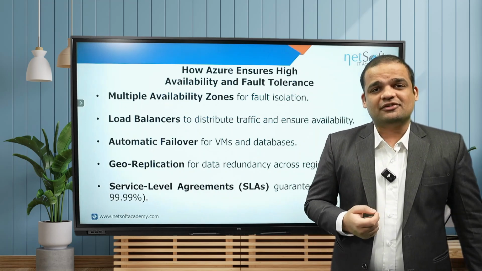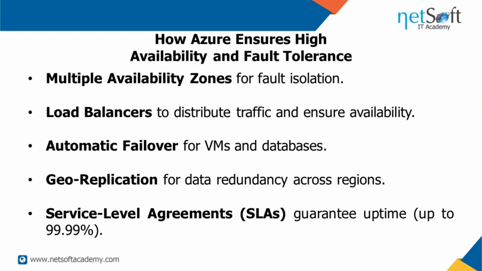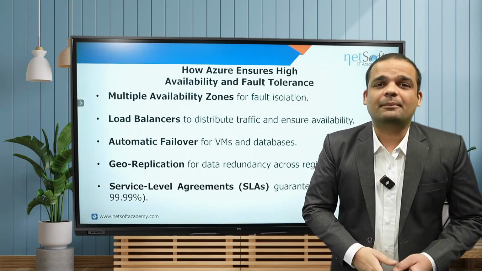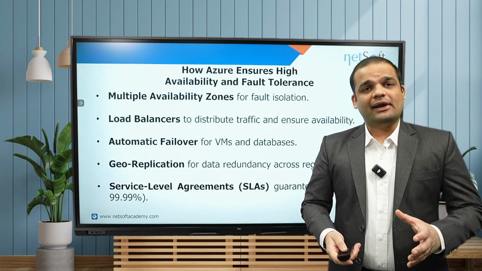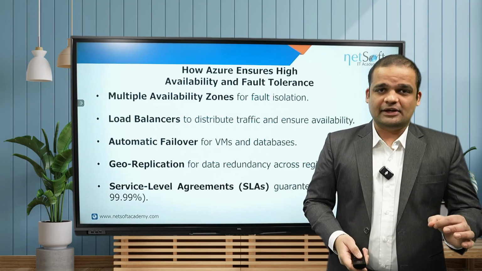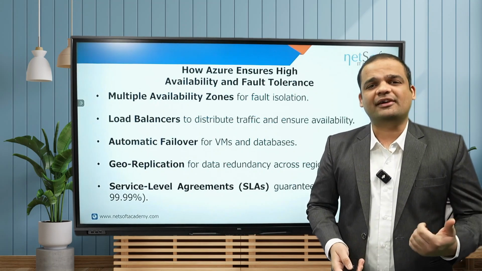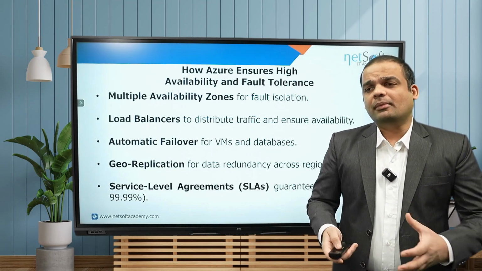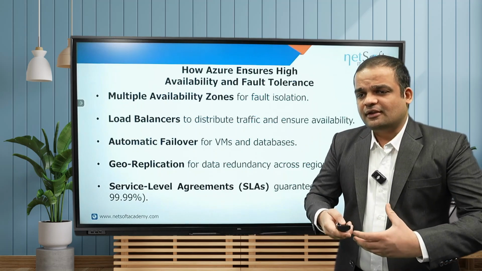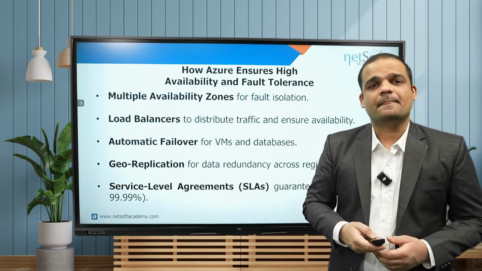The key features include multiple availability zones. They spend a lot of money for that. By deploying resources across different availability zones, organizations can isolate faults and prevent outages from impacting their business continuity.